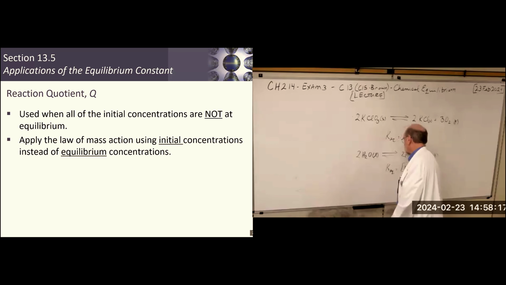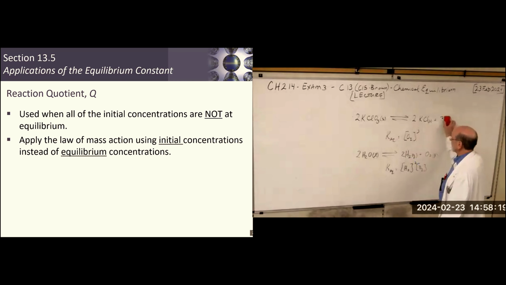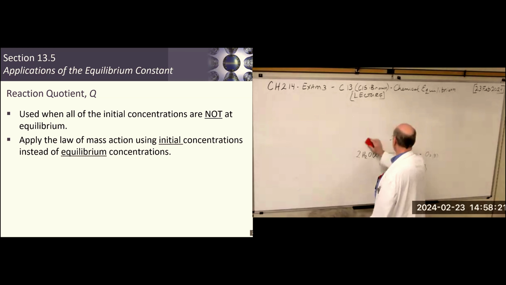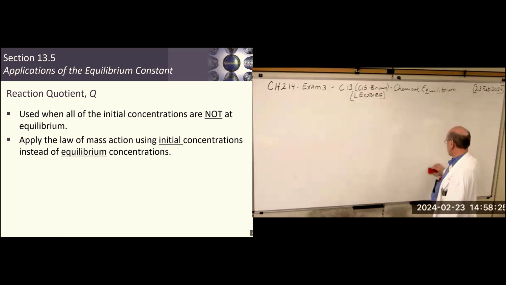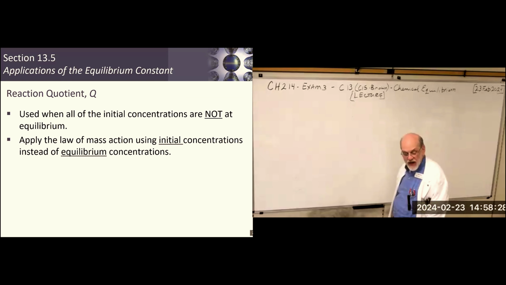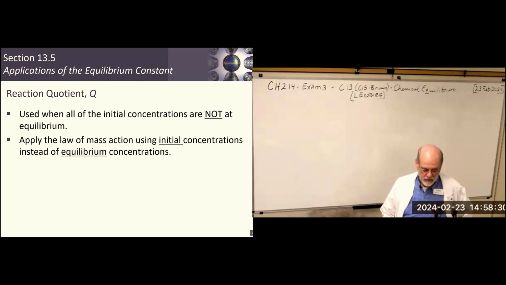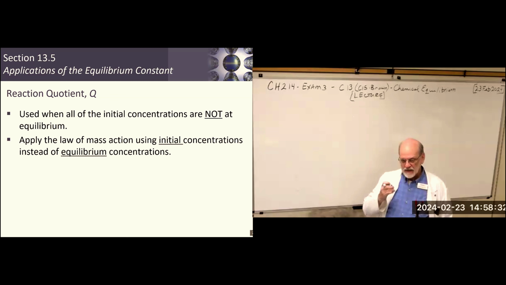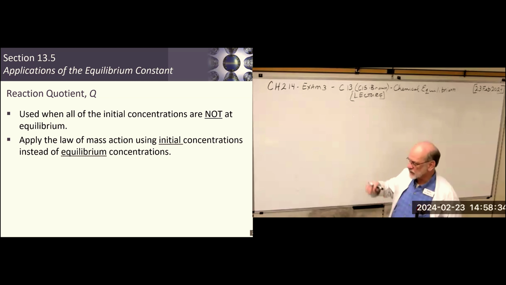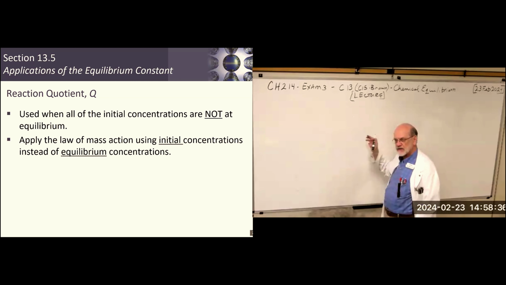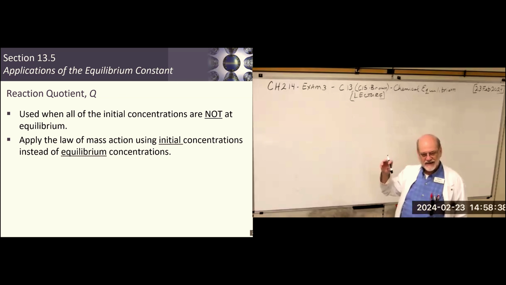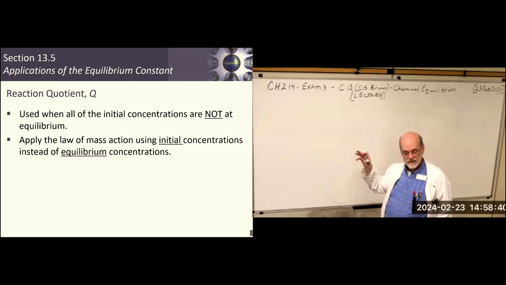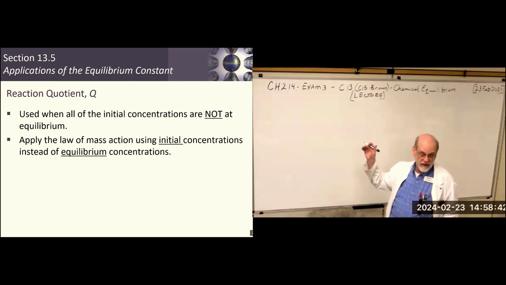All right, now that we've learned how to write equilibrium expressions, there's another way of writing an expression that's not equilibrium. So if you have a system that you mix some reactants together with some products and you want to get some idea as to which way it's going to move, because it's not at equilibrium yet.